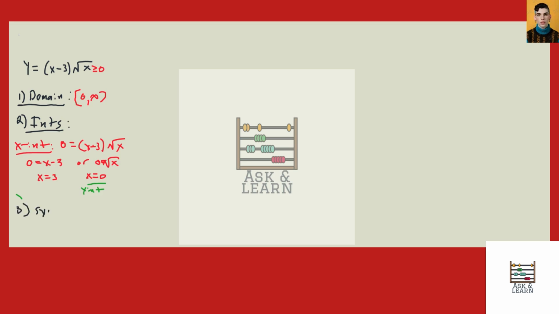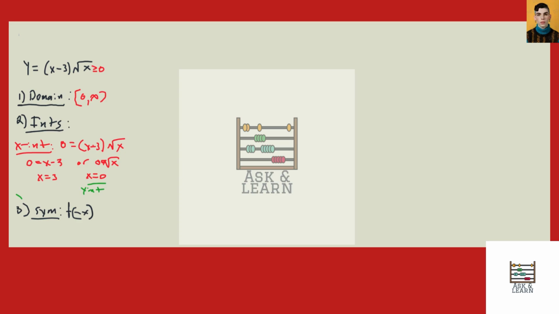Now, for symmetry, there really won't be any kind of periodicity within this, but we could possibly check f of negative x to see if this is an even or odd function.